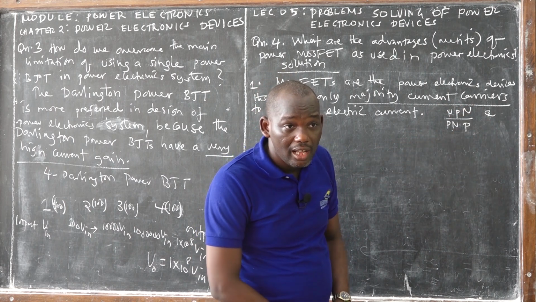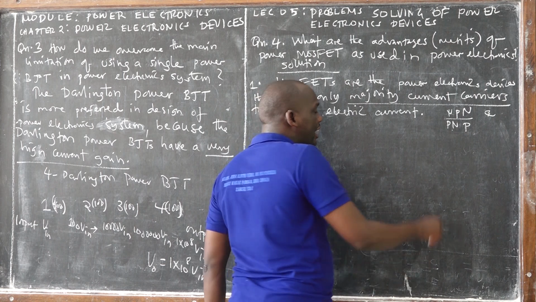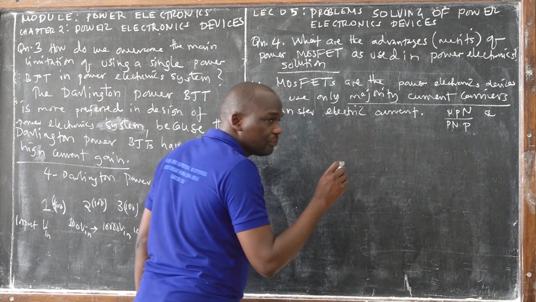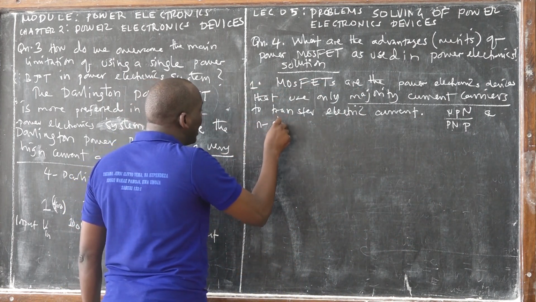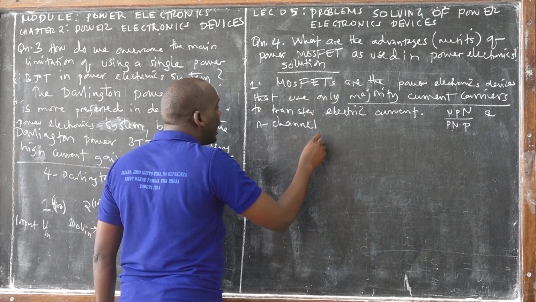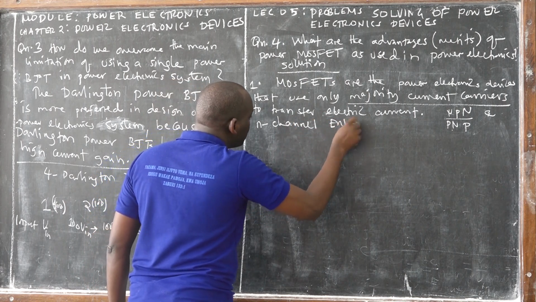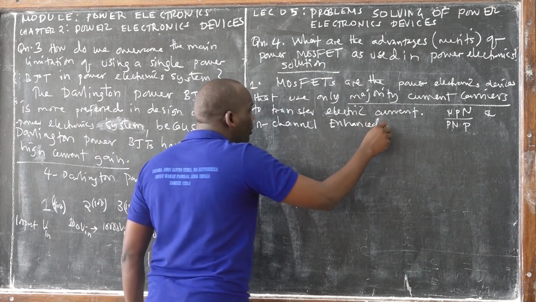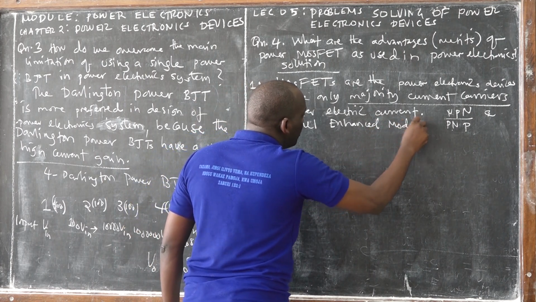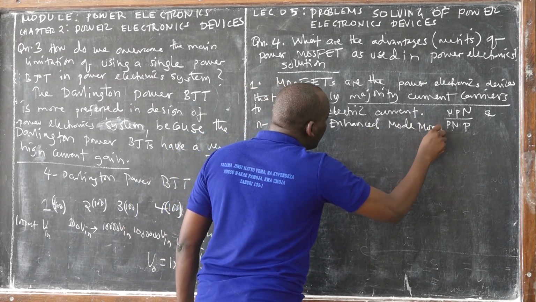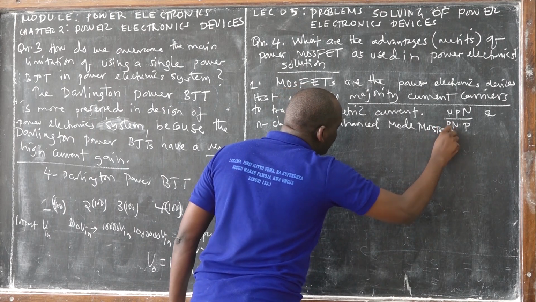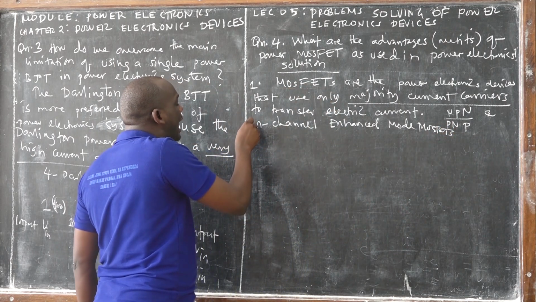Are we together? In case of MOSFET, the story is different. We have, for instance, N-channel enhanced mode MOSFET. It has only majority carriers which are electrons.